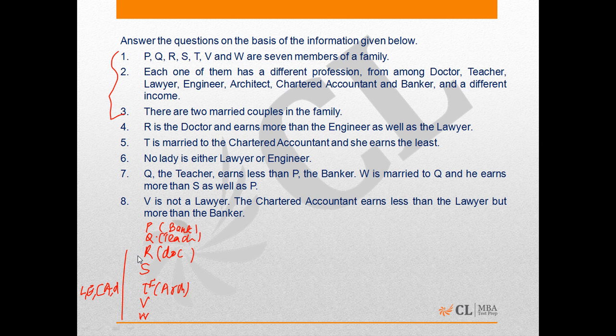From here, we can say that V is either engineer or CA, because we are left with 3 professions: engineer, CA and lawyer. But V is not a lawyer, so his profession could be either engineer or CA.